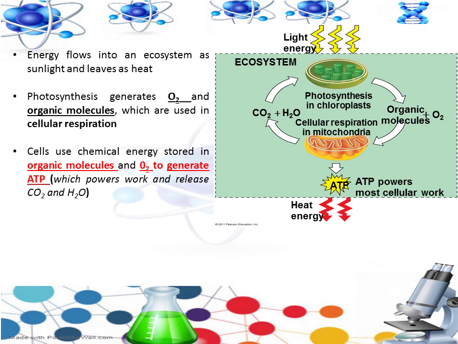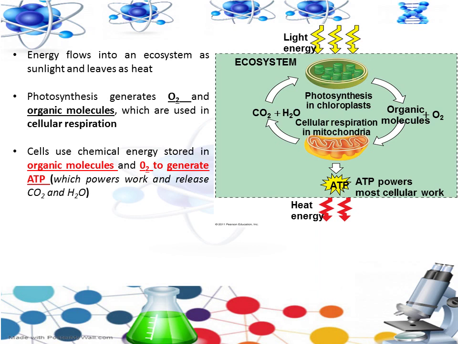Alright, this is energy flow in an ecosystem. As we all know, cellular respiration, in order to happen, must have the presence of oxygen. So how can we get oxygen? We can get oxygen from the plants. So how can plants produce oxygen? Basically, the plants produce oxygen by the process of photosynthesis, gaining light energy from the sunlight and doing photosynthesis in the chloroplast.